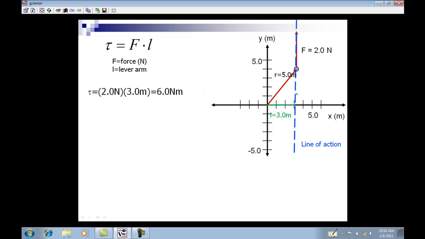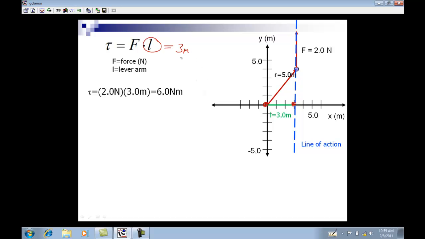And I would find the lever arm. The lever arm would be the distance from the axis of rotation, which is right there, to the closest point on the line of action. So in this case, my lever arm's length is 3 meters.